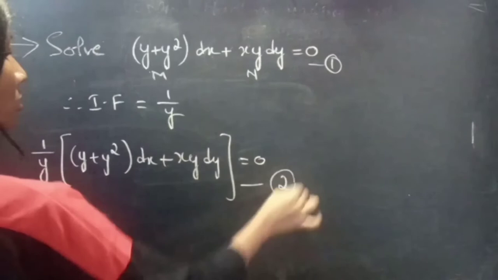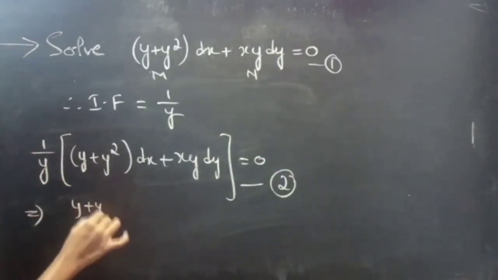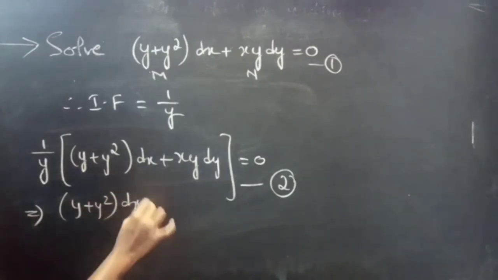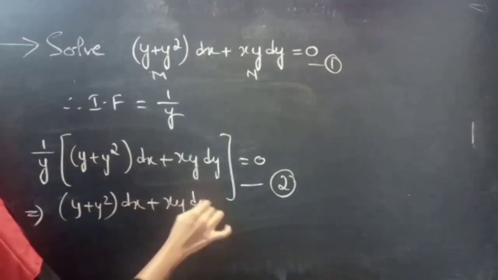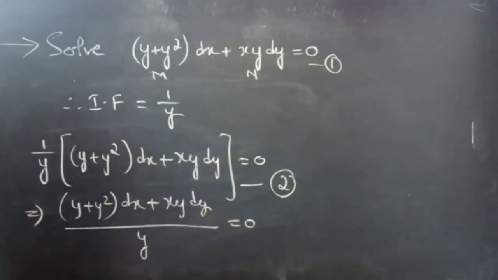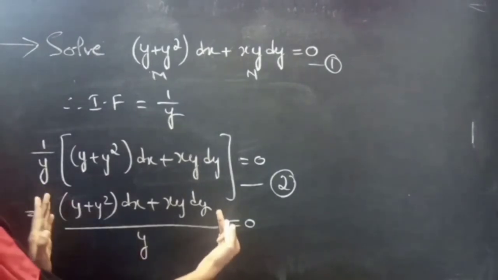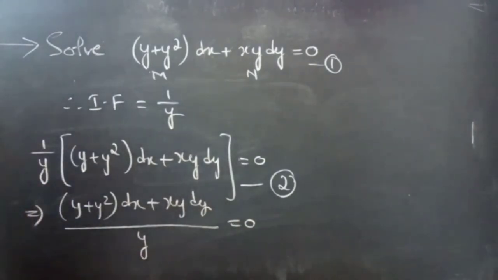Consider it as equation 2. You can write this as (y plus y square) dx plus xy dy, all by y, equals 0. If we consider the LHS, we have two terms in the numerator and one term in the denominator, so we can split this into two terms.